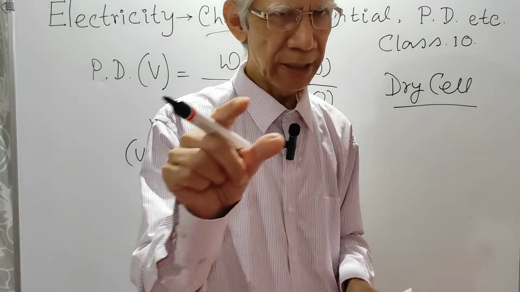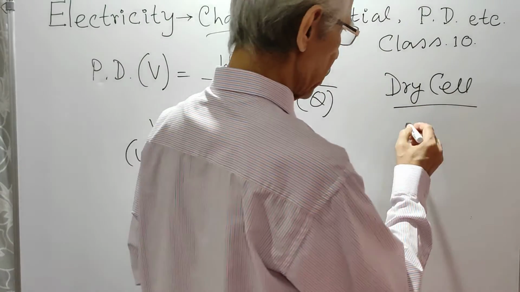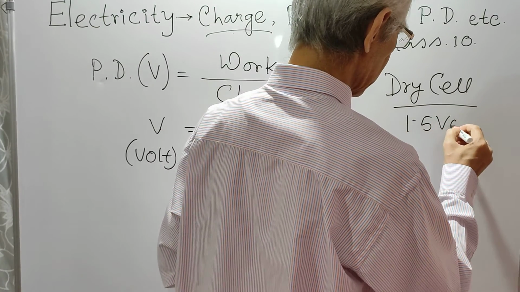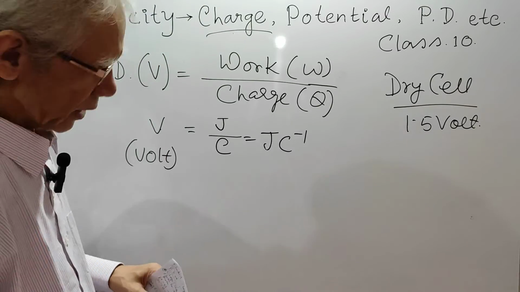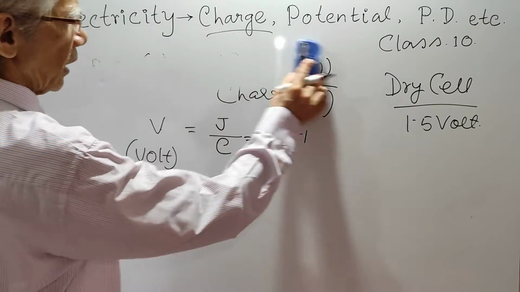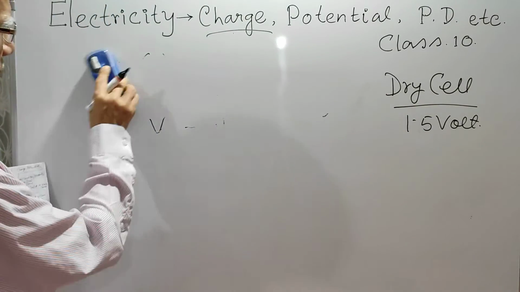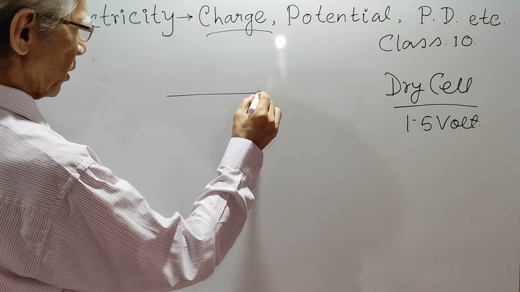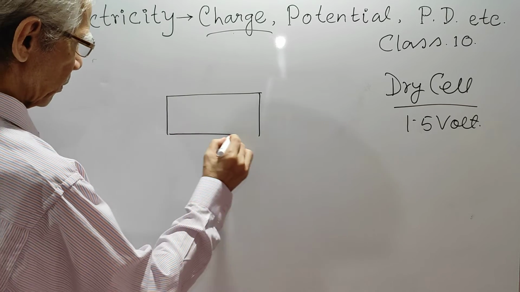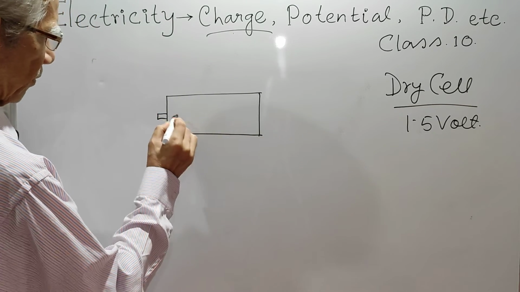If you note, there is a label on the dry cell, and on the label it is written 1.5 volt. So in a dry cell, the potential difference is 1.5 volt. Now let me draw this diagram roughly.